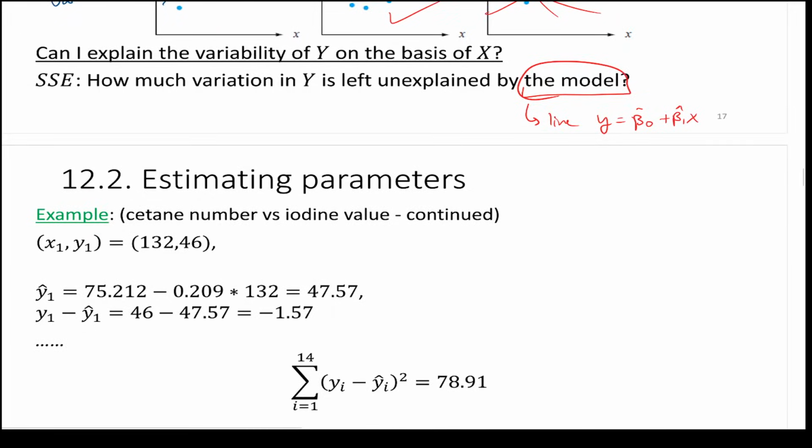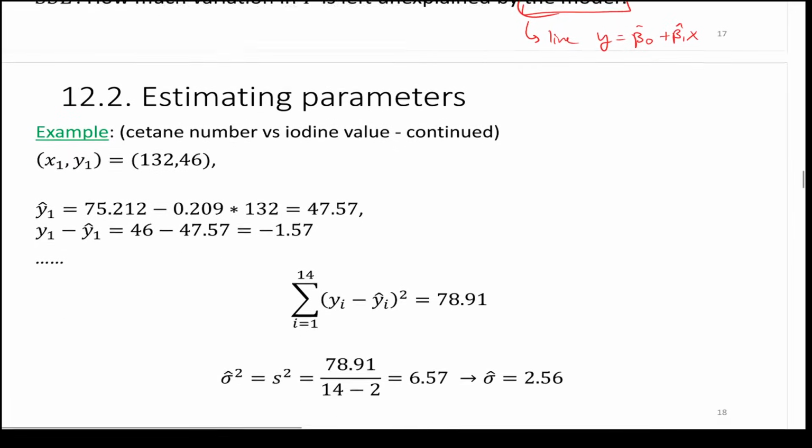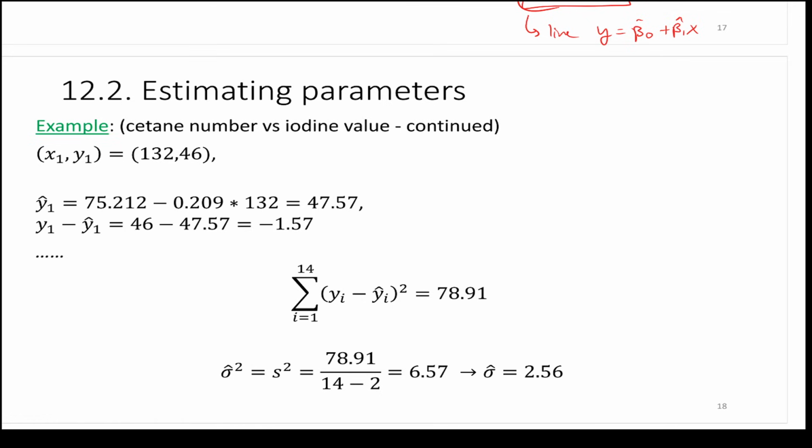Cool. So let's calculate this S squared value for that cetane iodine data. Well, we have to plug in all the x values into our line. So we plug all the xi's into y equals beta 0 hat plus beta 1 hat times x to get all these y hat values.